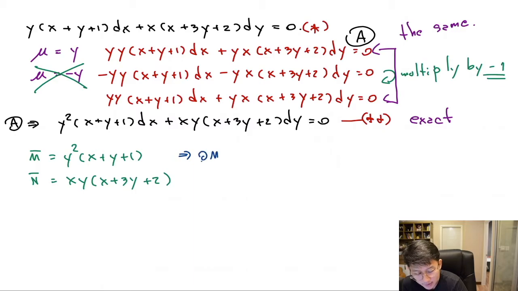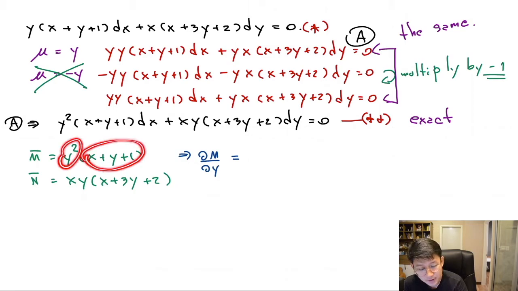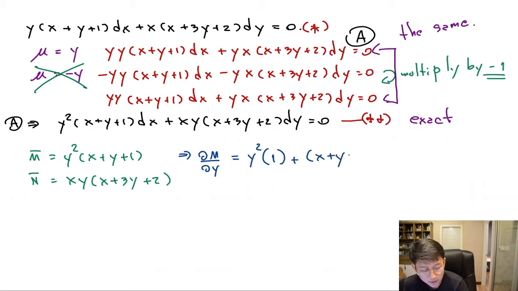Then dM by dy is u dv plus v du, which is y squared times (1 plus x plus y plus 1), plus v du, which is 2y. So we have 3y squared, since 2y squared plus y squared is 3y squared, plus 2xy plus 2y.